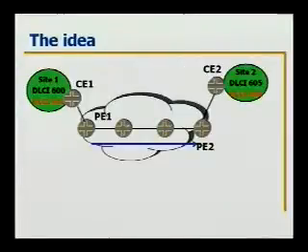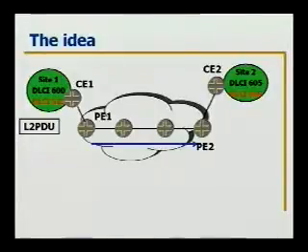So let's see what happens when an L2 PDU is sent from CE1 to PE1. Based on the DLCI and interface, PE1 is going to find out which one is the VPN label and which one is the PE to which we need to send this traffic.